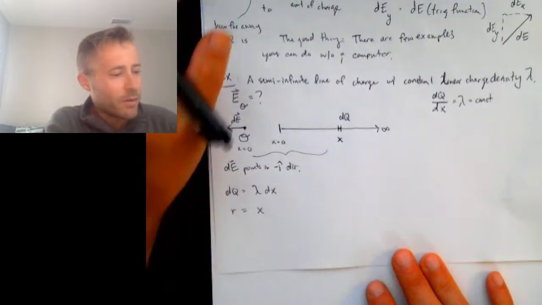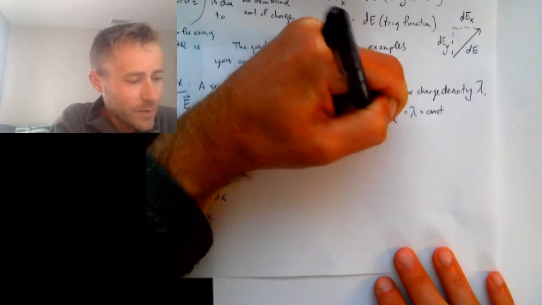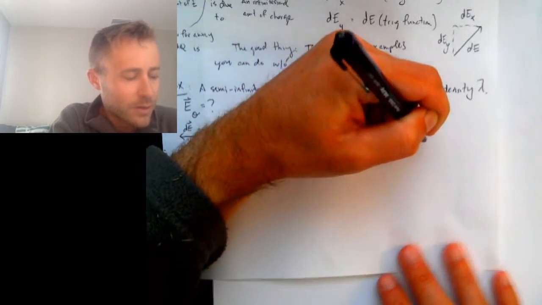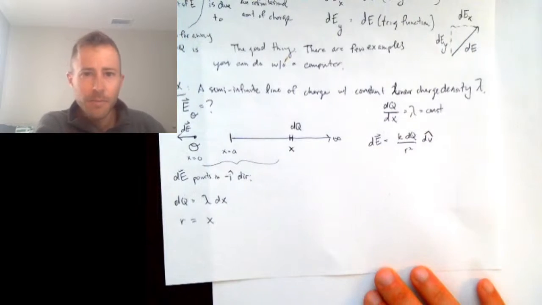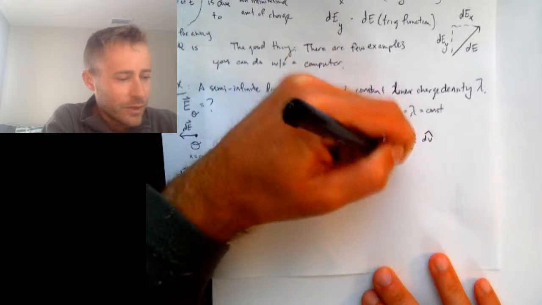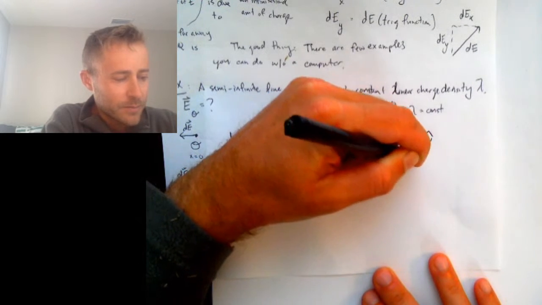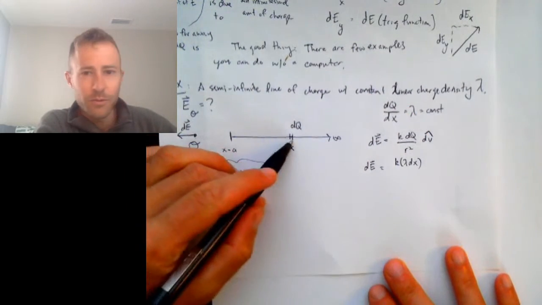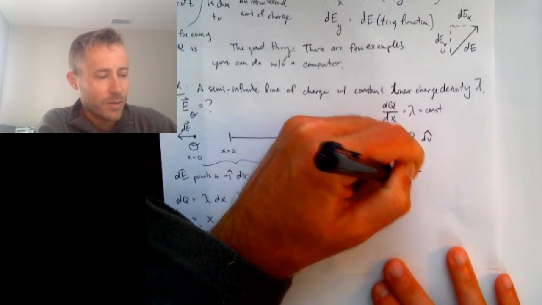So now we have all that information, so we can say what dE is. dE is k dq over r squared times a direction vector. We know that dq is lambda dx. We know that the distance of dq from the origin is just x, so when I divide by r squared, I divide by x squared.